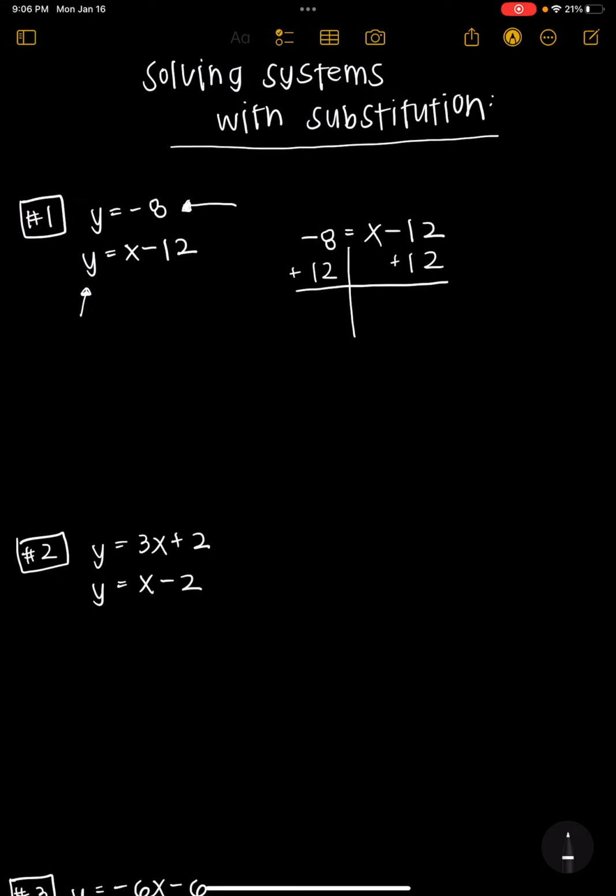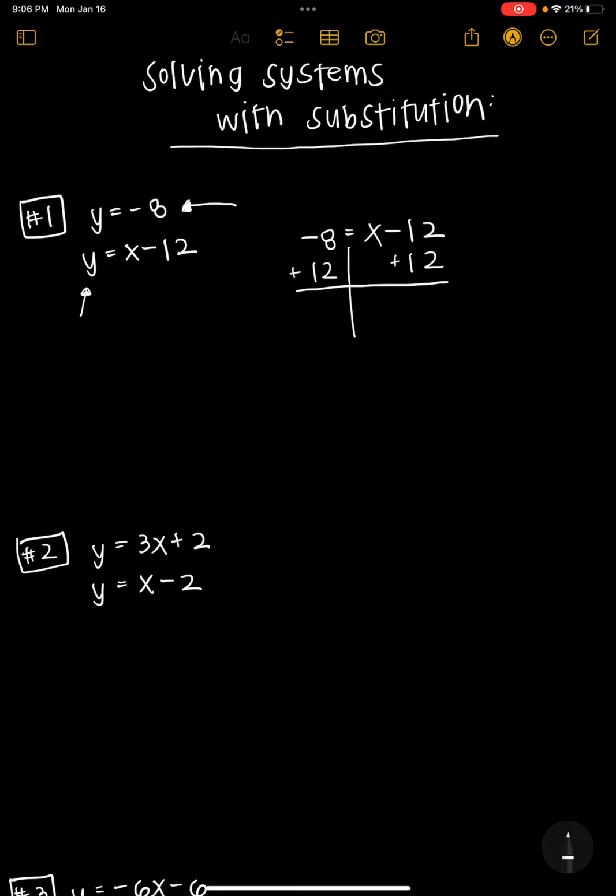Now we're going to take this equation and solve it for x. To do that, I want to get the x's on the same side, so I'm going to subtract x from both sides. I've got 3x minus x on the left side, which gives me 2x plus 2 equals, the x's on the right side cancel out, and I'm left with -2.